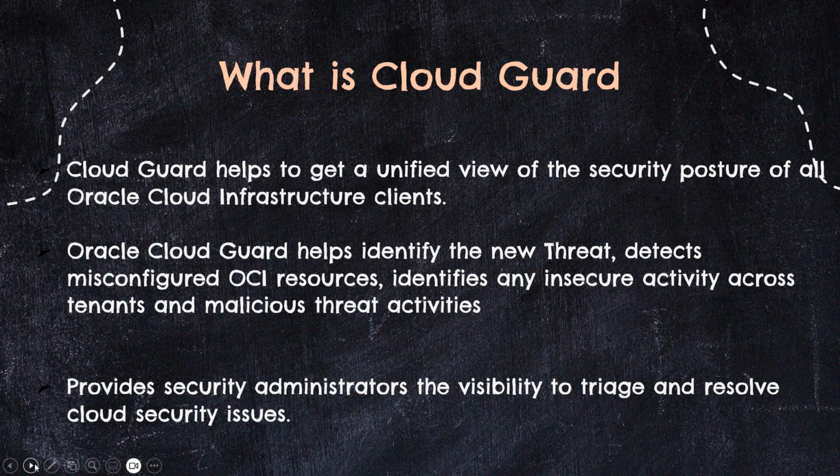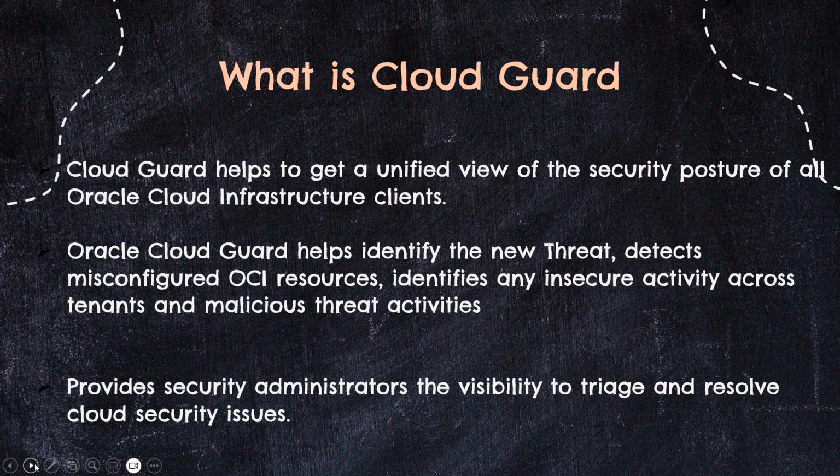So what is Cloud Guard? Cloud Guard helps to get a unified view of all the security postures in OCI infrastructure. It detects any new threats or misconfiguration, and identifies insecure activity across the tenant and any malicious threat activity.